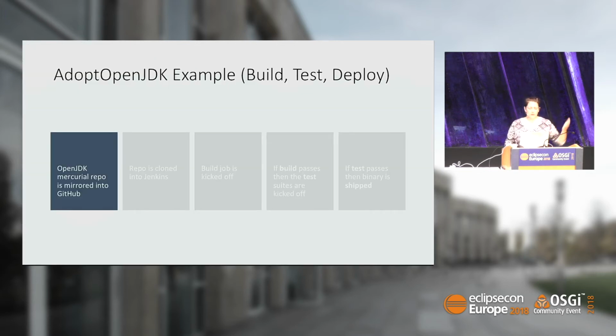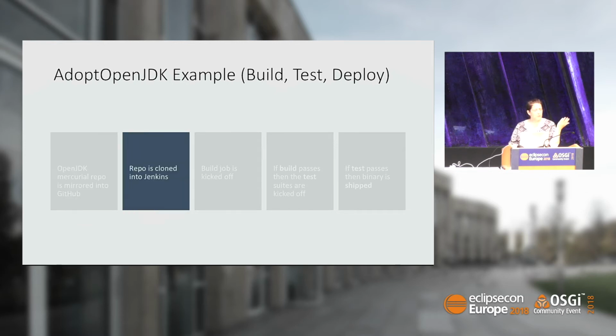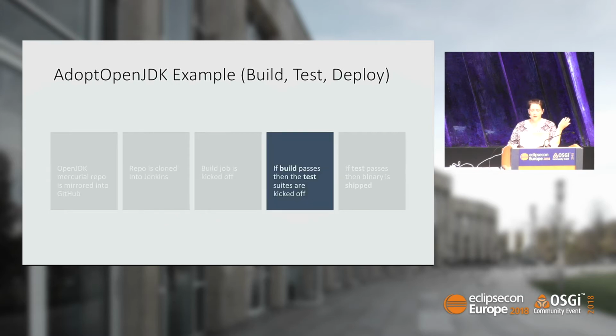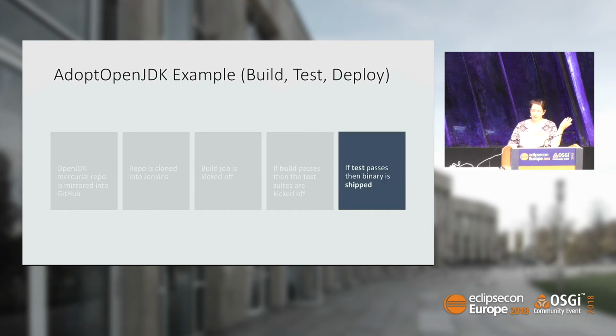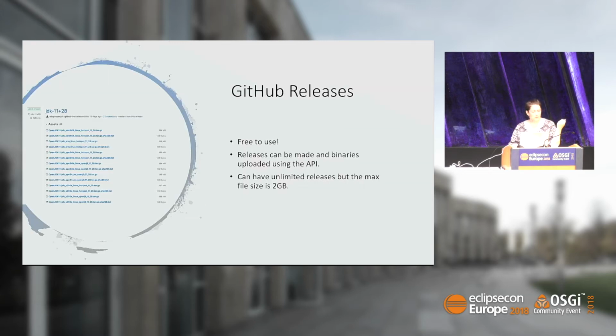So what this really looks like: build, test, deploy. Just keep saying it: build, test, deploy. The high-level view is the OpenJDK Mercurial repo is mirrored into GitHub. The repo is cloned into Jenkins. A build job is kicked off. If the build passes, then the test suites are kicked off. If the tests pass, the binary is deployed to GitHub releases repos.